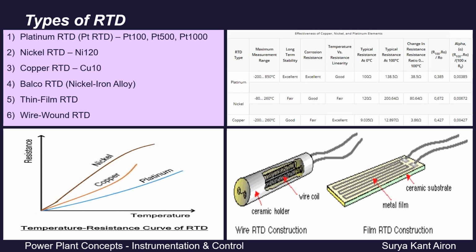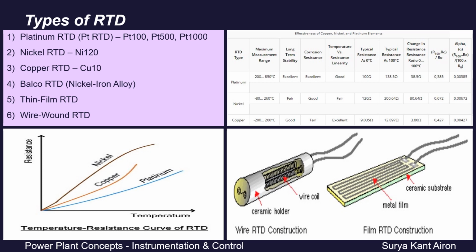It is made up of platinum and is highly accurate and stable. Now coming to PT500, it is also similar to our PT100, but its nominal resistance is 500 ohms at 0 degree centigrade. Clear? Then we have PT1000. Again, PT1000 is also similar to PT100, but with a nominal resistance of 1000 ohms at 0 degree Celsius.